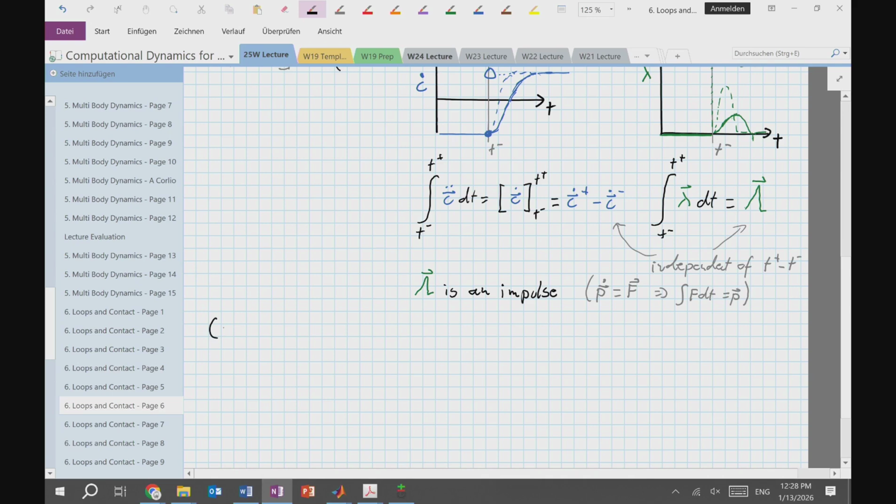And you can state an empirical law that says the difference in velocity, so this is nothing else but C dot plus, is going to be minus some factor of the relative velocity before impact. This is called Newton's impact law.